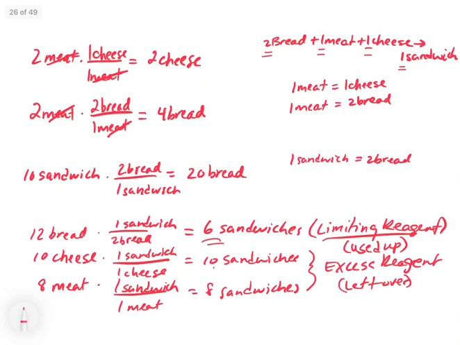The second part of that question says, how much stuff is going to be left over? Well, if I know that my limiting reagent is the bread, let's see how much of each of the other components I'm going to use up. We had 12 slices of bread. So if we had 12 bread, we can figure out how much cheese that's going to use up.